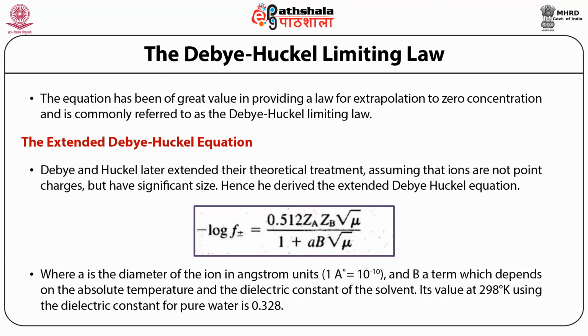So the equation is minus log F is equal to 0.512 Z squared under root mu divided by 1 plus a B under root mu.